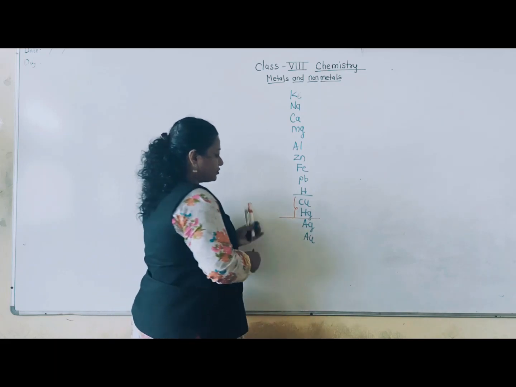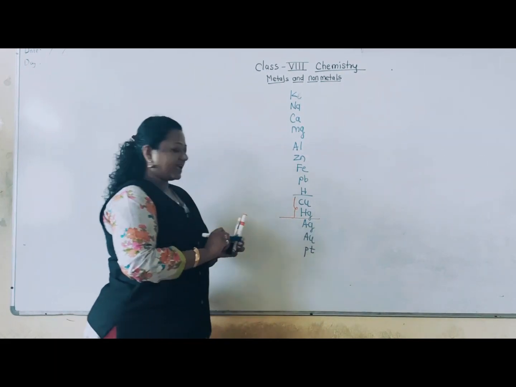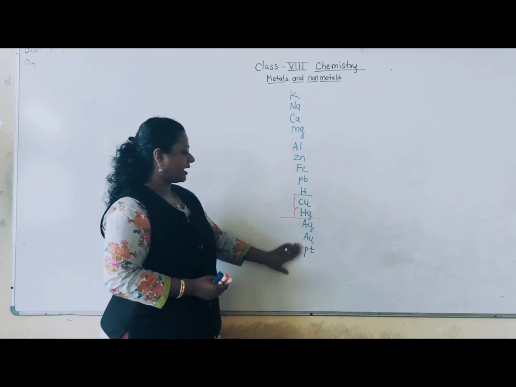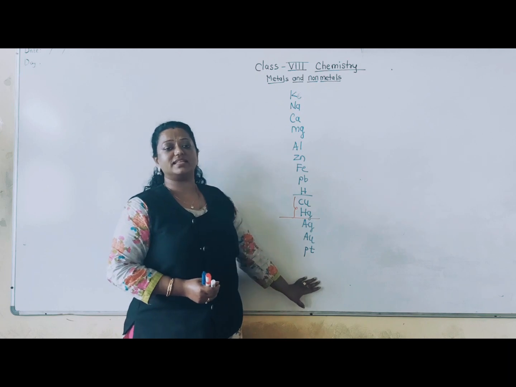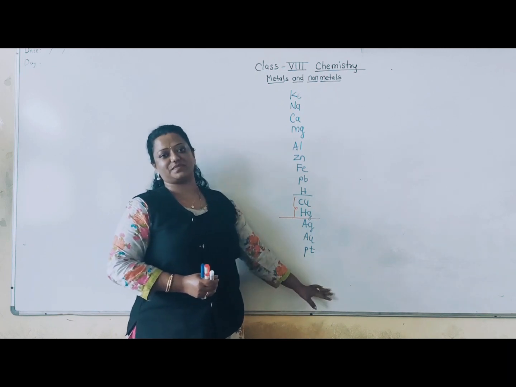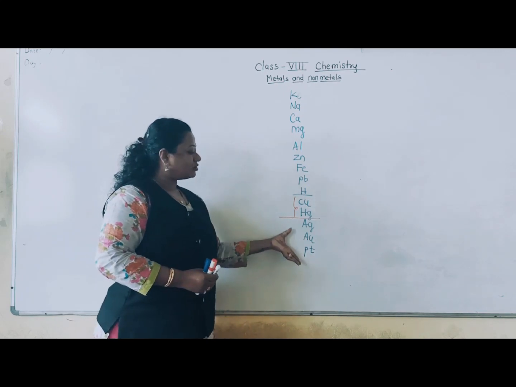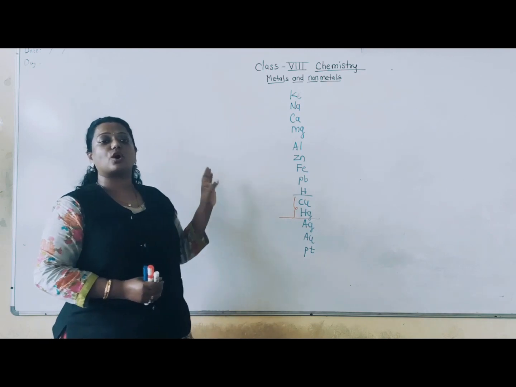Here I would like to write the name of platinum also, because gold and platinum are noble metals. These are noble, royal, precious metals because they do not react with any acid, nor with oxygen, nor with water.